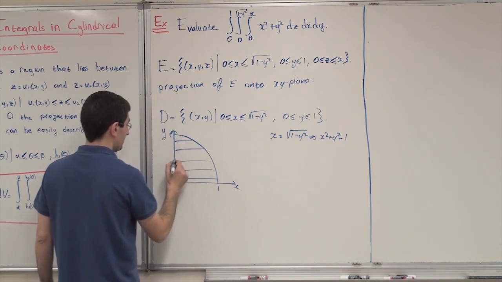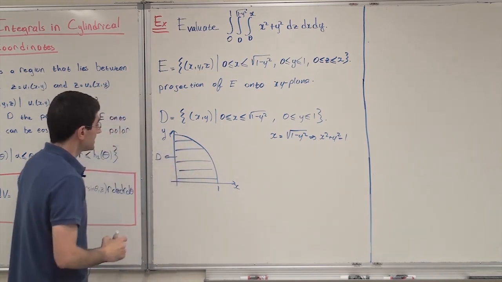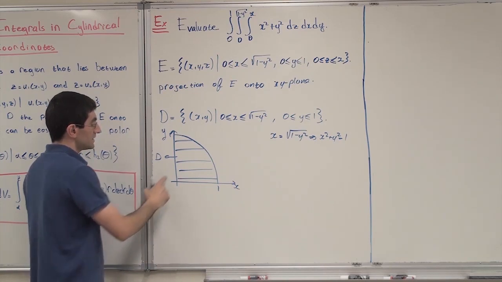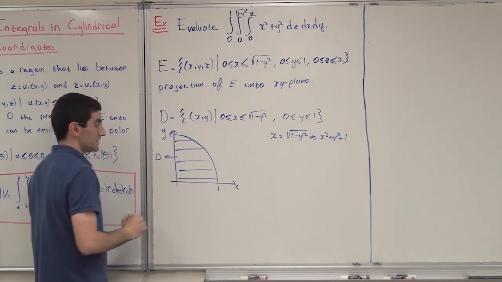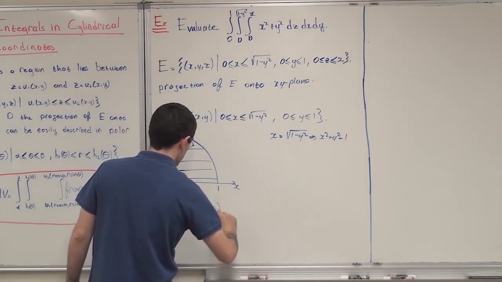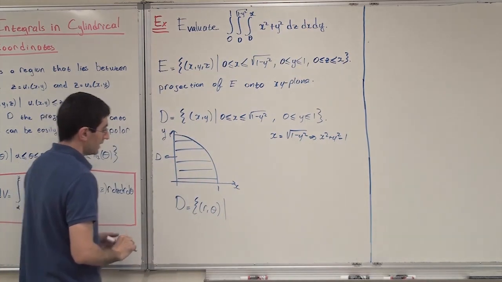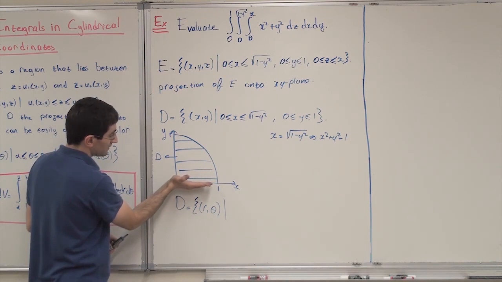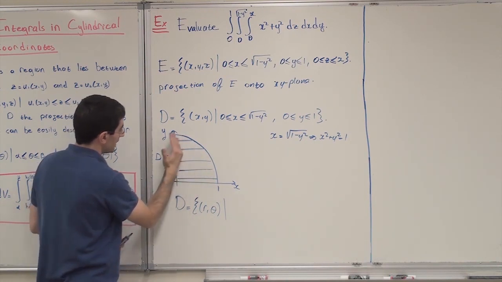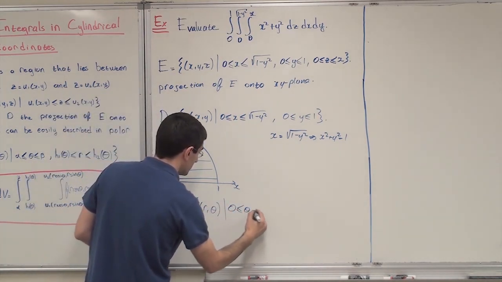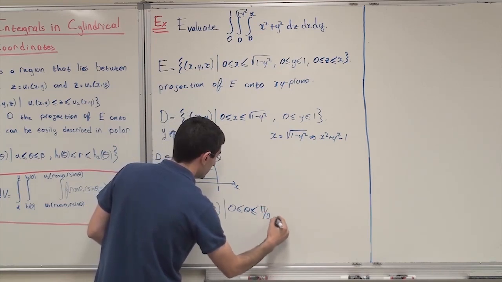And since D, which is the projection of our solid E onto the xy plane, is a circular region, we can express this better in polar coordinates. So D in polar coordinates is going to be a collection of points (r, theta). To describe this region, I have to rotate from the positive side of the x-axis to the positive side of the y-axis, which means that theta is between 0 and pi over 2.